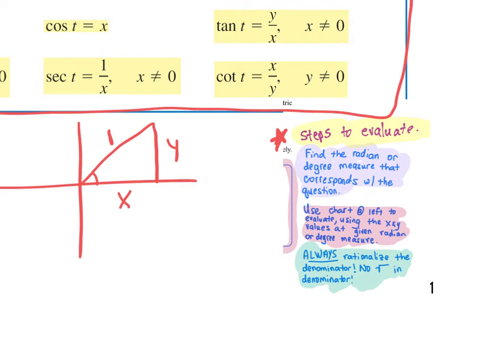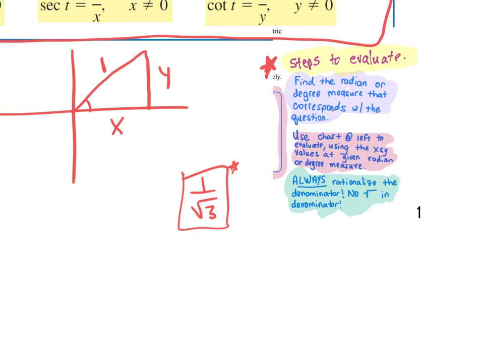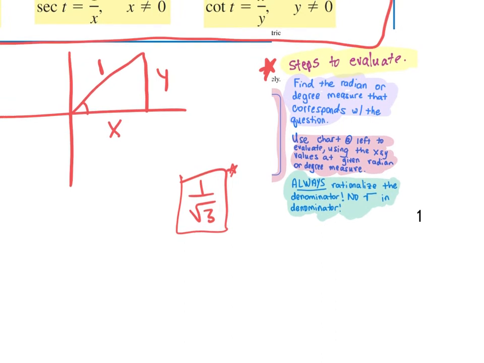WebAssign will let you have like 1 over square root of 3. This is okay in WebAssign, but it's not okay on a quiz or test. So just keep that in mind. WebAssign will let you put this in as a right answer, but you will have to rationalize on a quiz or test. So how would we rationalize 1 over square root 3? What do we need to do to get that square root out of the denominator?